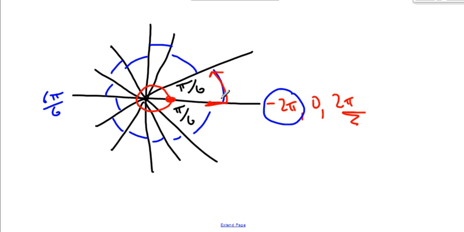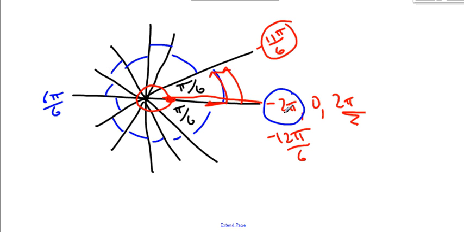So if this is negative 2 pi, let's call that negative 12 pi over 6. Good idea, because then this is just negative 11 pi over 6, and that's an answer. I started at negative 12 pi over 6 and went a little bit forwards, so I got a little bit less negative at negative 11 pi over 6.